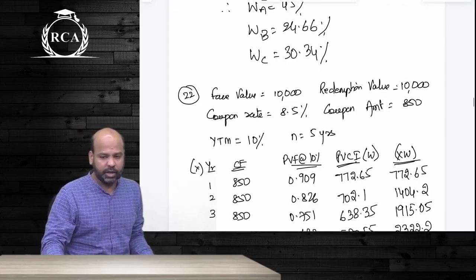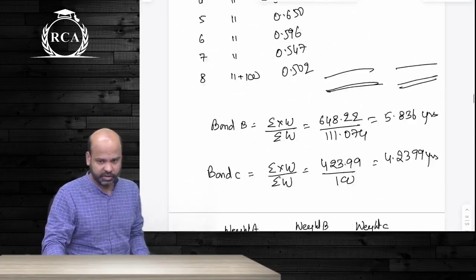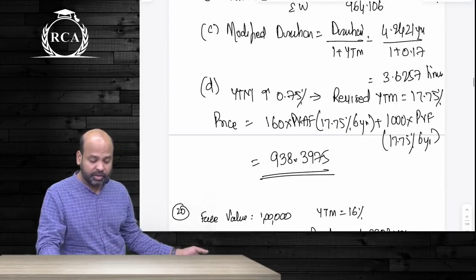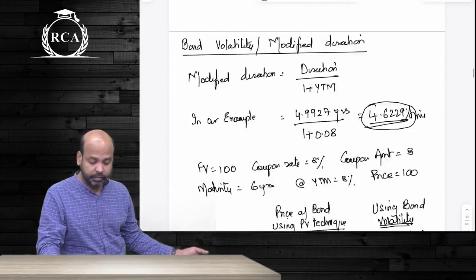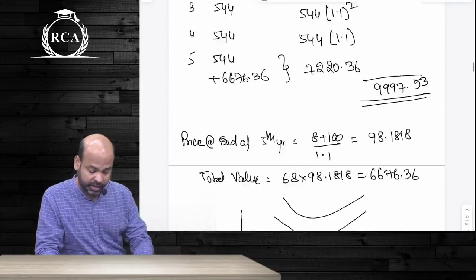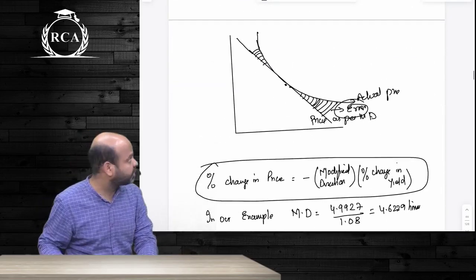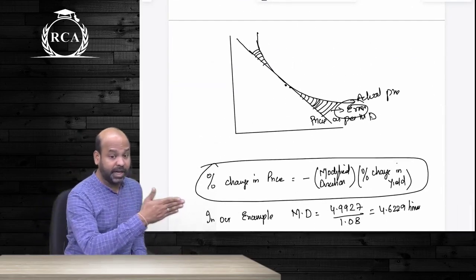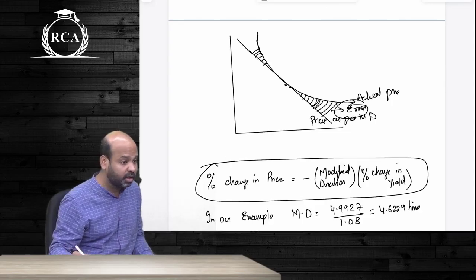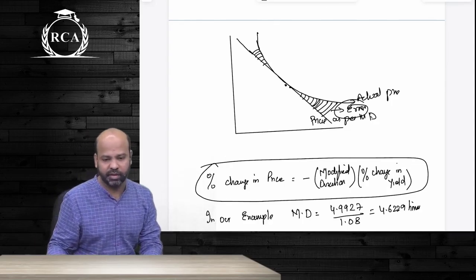As per modified duration, the price of a bond is always going to move in the opposite direction as such, guys. But in the graph I just showed, is the price of the bond above the straight line or below the straight line? Actual price of the bond as such, is it above the straight line or below the straight line? It was above the straight line. That means to move from price as per modified duration to price as per convexity adjustment, you should always add something. That is where we say that convexity adjustment is always positive.